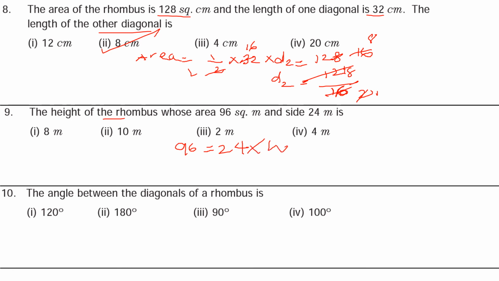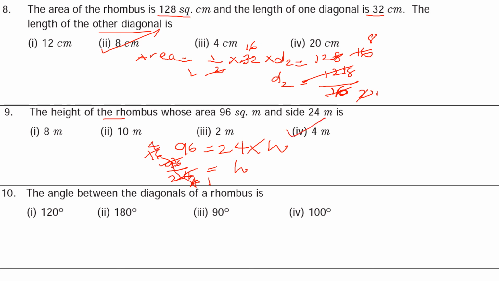So H you keep it on the right hand side. 96 by 24. Cancel with 6 table. 4 6s are 24. 1 6 is 6. 36 remaining. So 6. Here again cancel. 1 4 is 4. 4 4s are 16. Therefore answer is 4 meter.